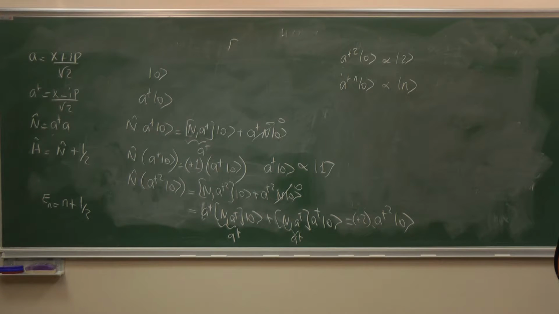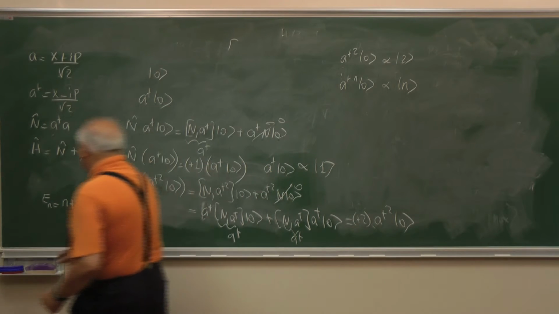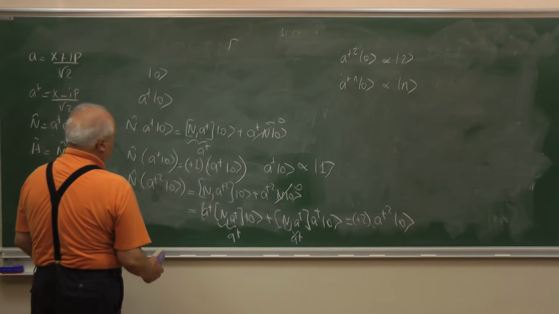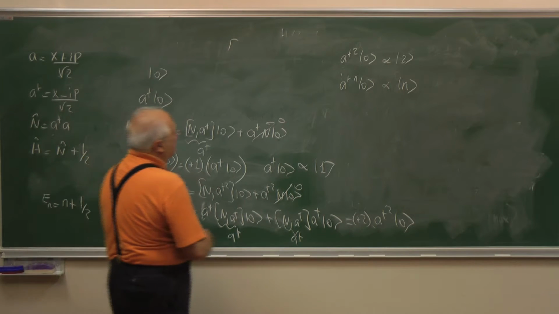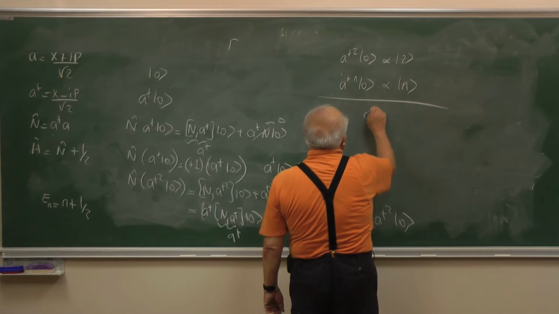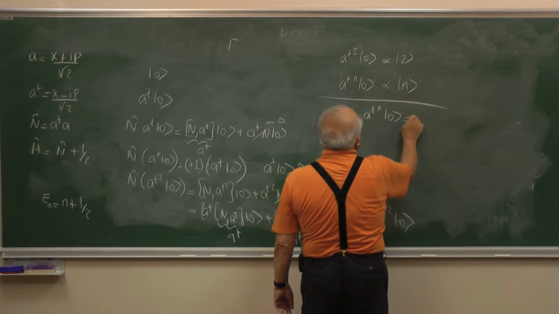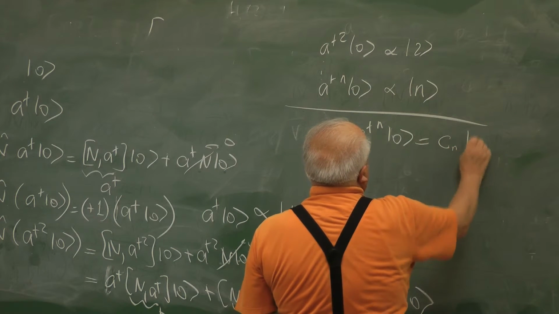In fact, we can find the normalization constant. I'm erasing. So let's say a dagger n 0 is equal to c times cn times n.